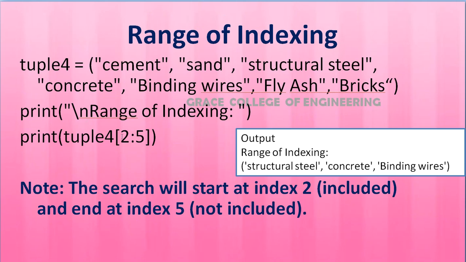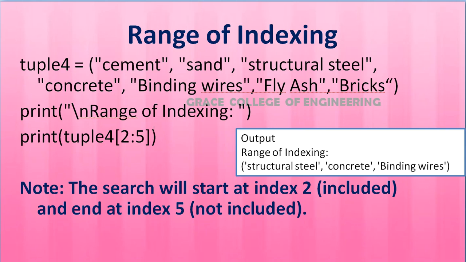Range of indexing. Range means the starting and ending index must be mentioned. First the tuple is created with a variable named tuple 4, and print range of indexing. Then print tuple 4 with starting index 2 and ending index 5.